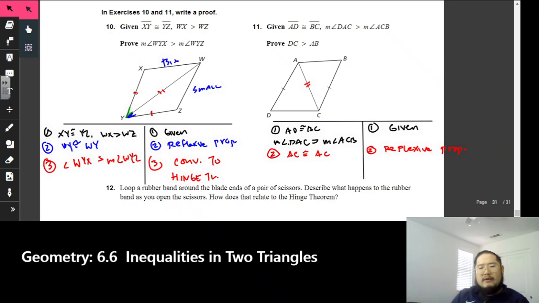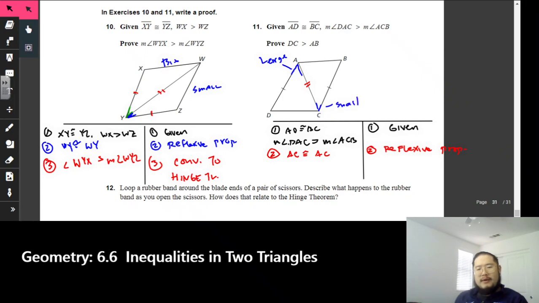Knowing that angle DAC, so we're taking a look right here at this angle DAC, and this angle DAC is supposed to be larger than ACB. So let's take a look right here. This is supposed to be larger. I'll just put large right there, comparing that to angle ACB, which is small.